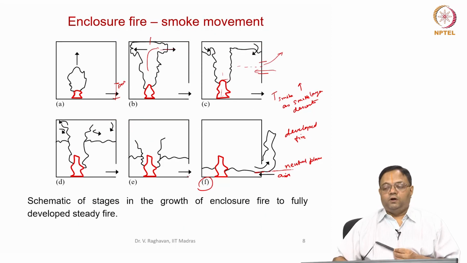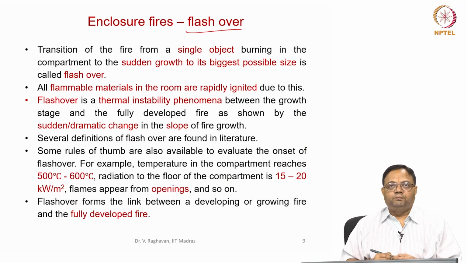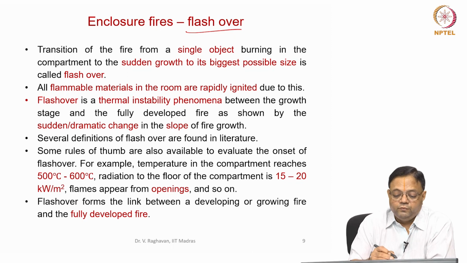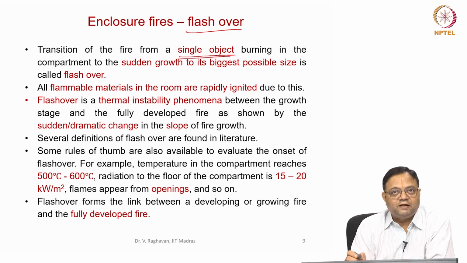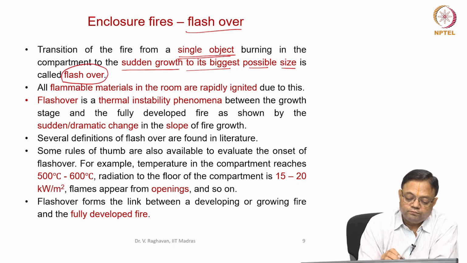Now flashover is a condition where a very rapid increase is obtained for the heat release and the temperature. So transition of the fire from a single object which has started to burn in the compartment to sudden growth to its biggest possible size, that is called flashover.